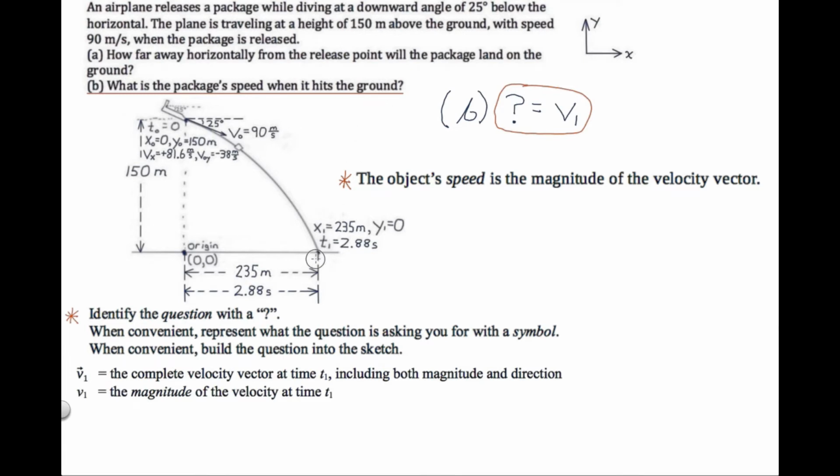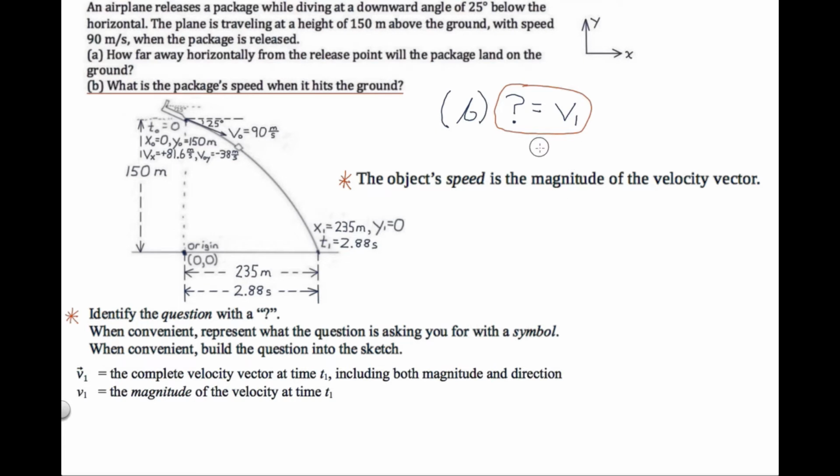The package hits the ground at time t1. The speed is the magnitude of the velocity vector. So, part B is asking us for the magnitude of the velocity vector at time t1. When possible, represent what the question is asking you for with a symbol.